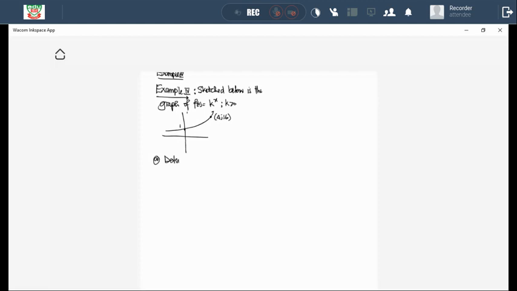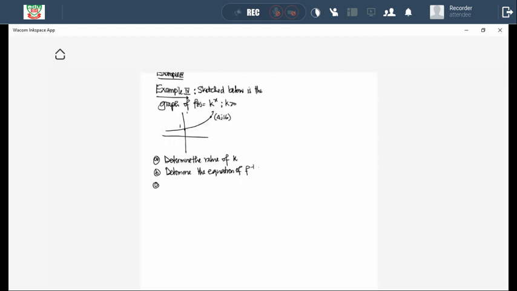Determine the value of k. B, determine the equation of f inverse.